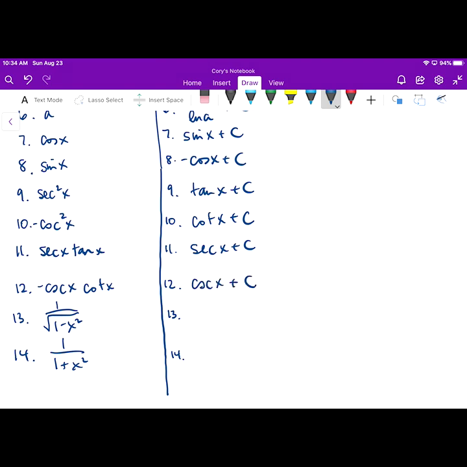And then the antiderivative for 13, that's going to be the inverse sine or arc sine of x plus c. And for 14, that's going to be the inverse tangent or the arc tangent of x plus c. Okay, and those are all the antiderivative formulas that you guys need to know.